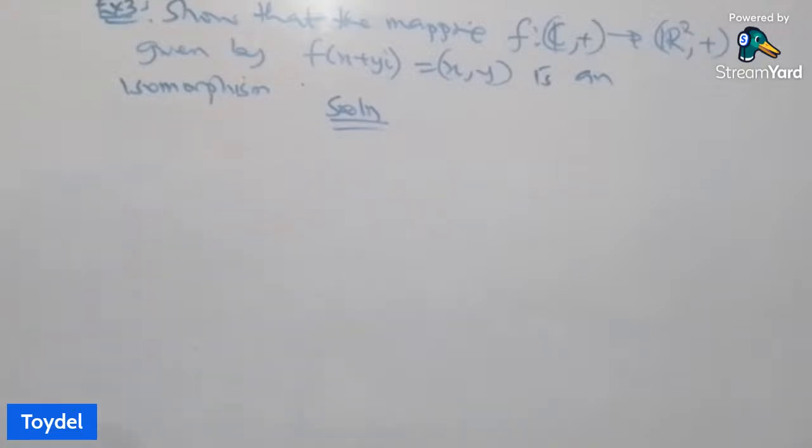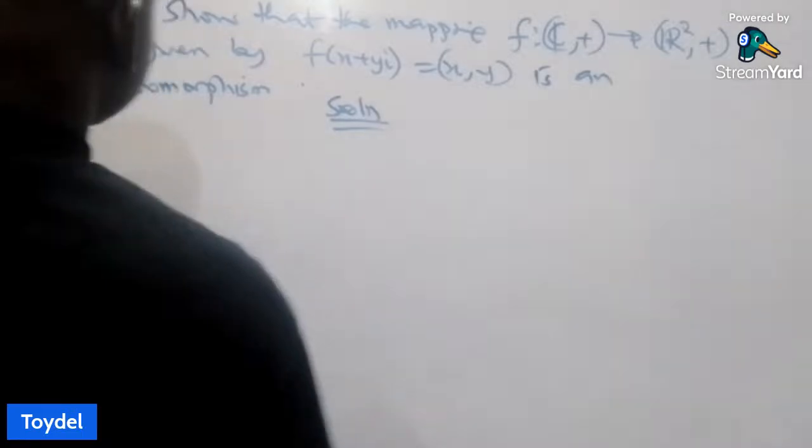We have taken one example before where I introduced types of homomorphism. So this will be example 3 for today. What do we do?